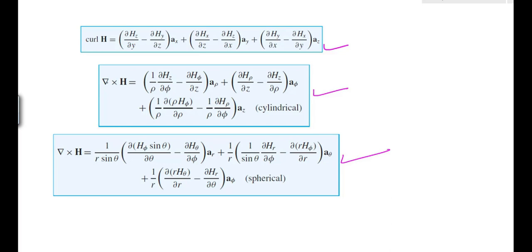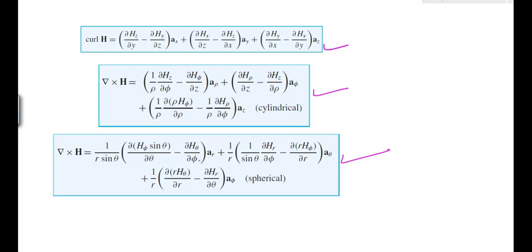We will obtain the curl of the magnetic field intensity if it is represented in the cylindrical coordinate system like this, and in the spherical coordinate system if it is represented in spherical coordinates. We will use this relationship. We are not deriving these relationships, we will just use them, and they will be given to you whenever required.